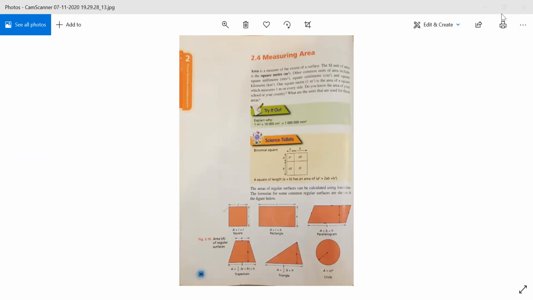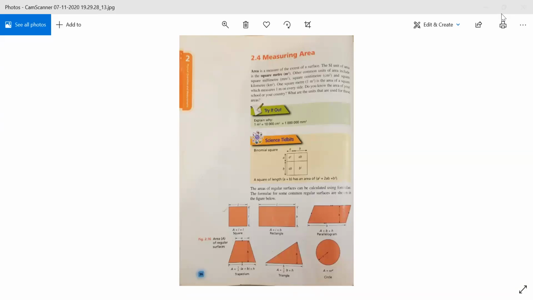Now, beta, when we are talking about measuring area, what is the area? Area is a measure of the extent of a surface. Whenever we have to measure the extent of a surface, it is called an area. And you should keep in mind that the SI unit of area is square meter.